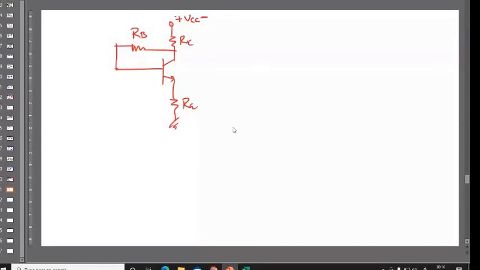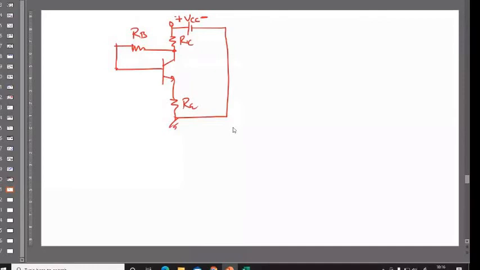If I represent this as a battery, the big terminal will be at this side, the small terminal at this side, and this will be connected to ground. Now, can you see the closed loops here? Yes, sir.